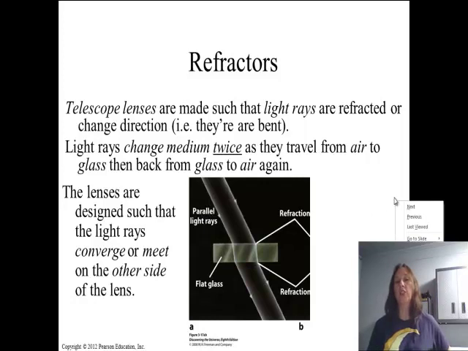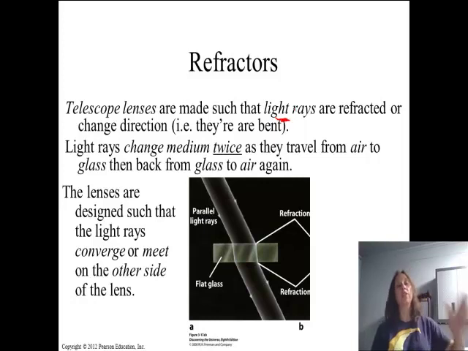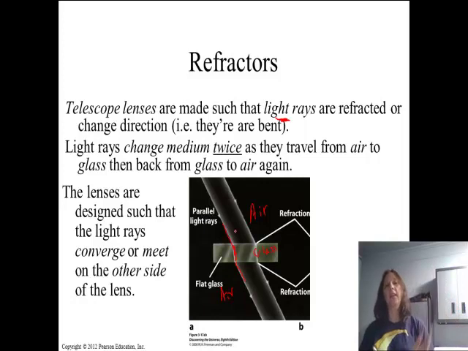And the thing doing the refraction is, of course, the lens, but light, in general, electromagnetic radiation, will be bent or refracted as it leaves a medium. And so here, it's going from air to glass. Can you see the light being bent? And then actually here, it's going from glass back to air, and it's bent again. So it's bent twice. It goes from air to glass, glass to air.